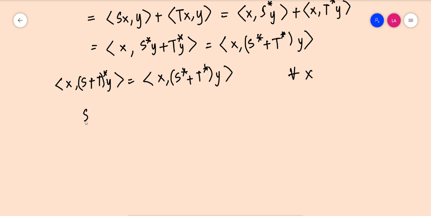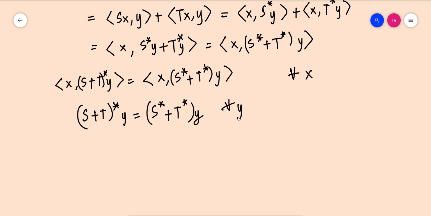That is, (S plus T) star y should be equal to (S star plus T star) y for all y. Here we use Lemma 3.8.2. So that is, (S plus T) star should be equal to S star plus T star. Okay. So this is the next property.